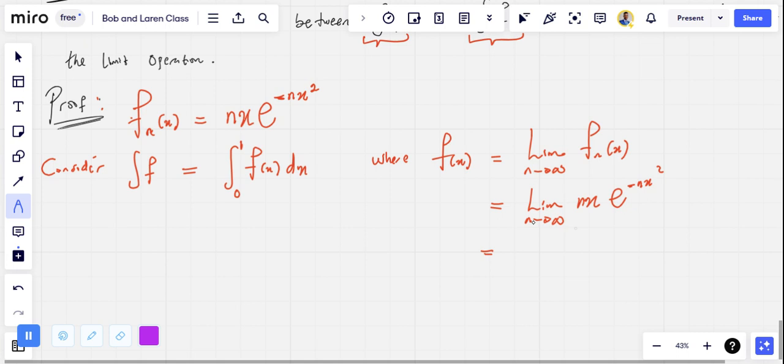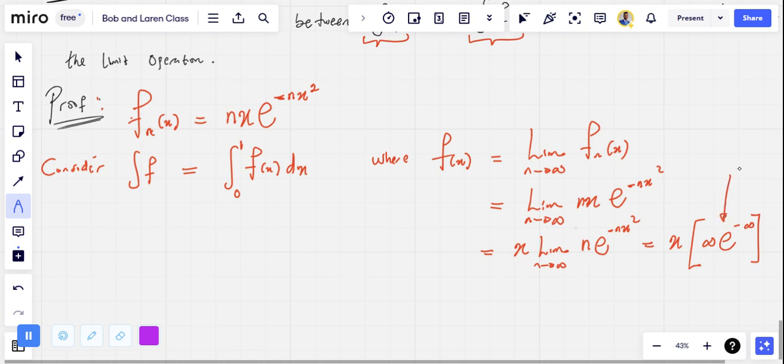Since the limit is based on n, this x can move outside from the integral. So if x moves outside, I'll be left with the limit as n tends to infinity of n e^(-n x²). Looking at this, if I substitute n for infinity, I'll have infinity, then e raised to the power of minus n x squared, with n going to infinity.